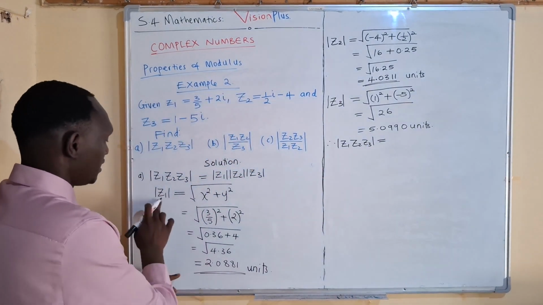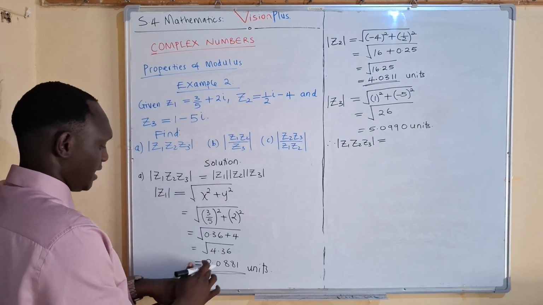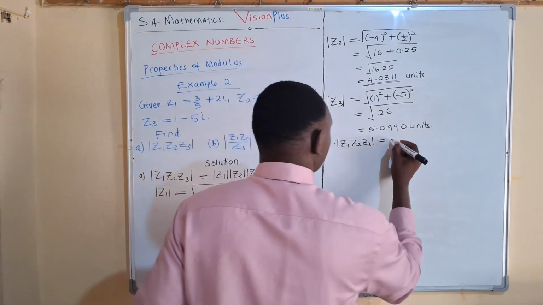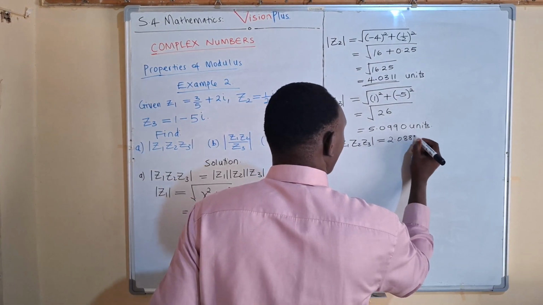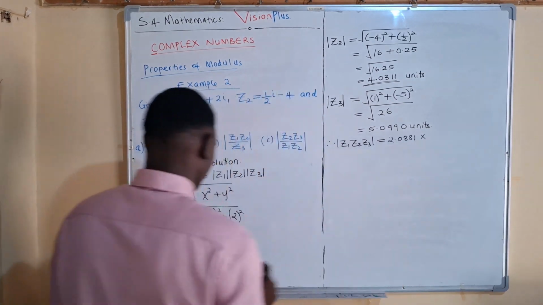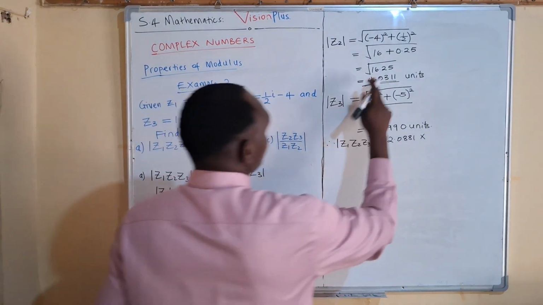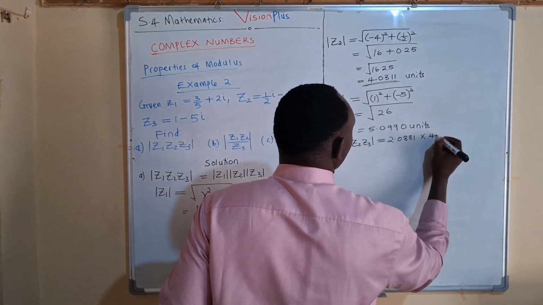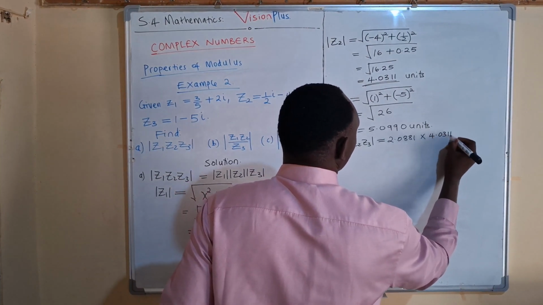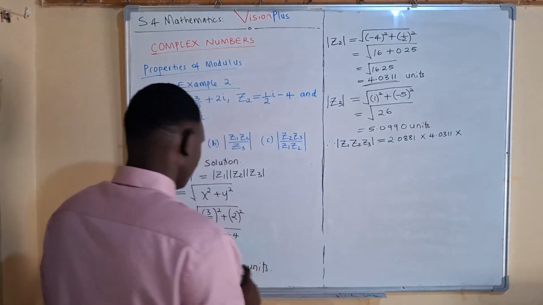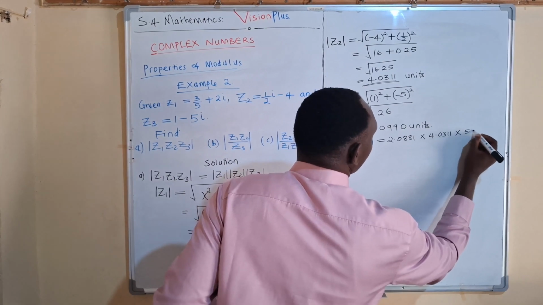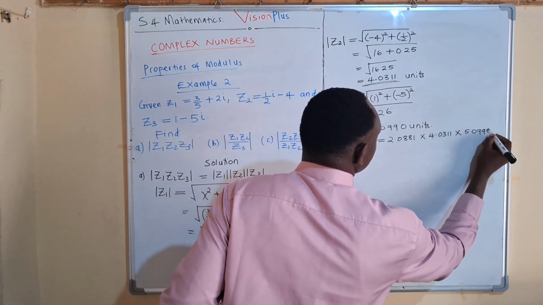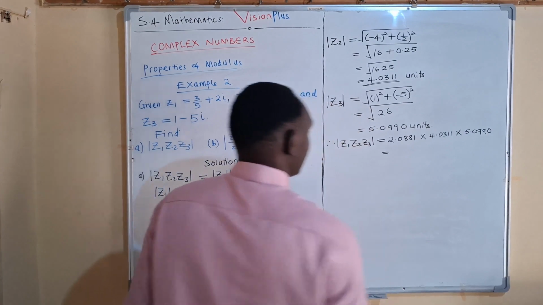That means the magnitude of Z1 is 2.0881 times the magnitude of Z2, which is 4.0311, times the magnitude of Z3, which is 5.0990.